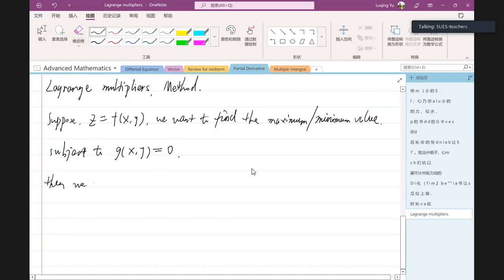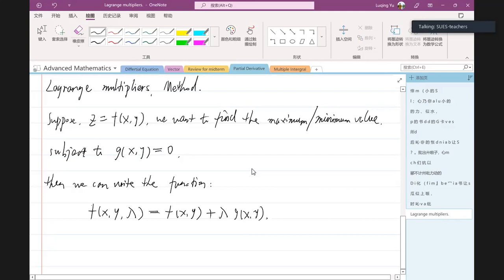And then we can write down the function F(x, y, lambda) equals f(x, y) plus lambda g(x, y). So this is the Lagrange multiplier with one restriction. If you have two restrictions, you can add more restrictions here.